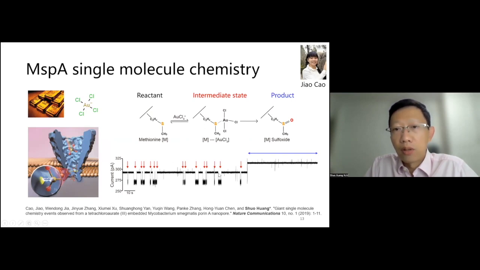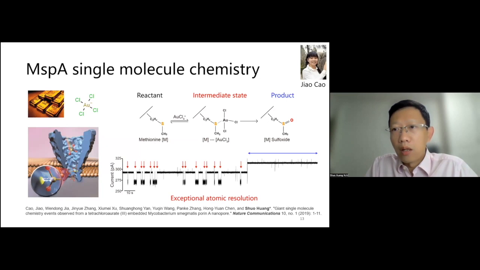And they correspond to this intermediate state, which lasts just a few milliseconds and then disappears, going back to here. At some point, it will go to the end point, and it will never go back to this reversible reaction. So using this nanopore, you are monitoring a very detailed chemical reaction process.